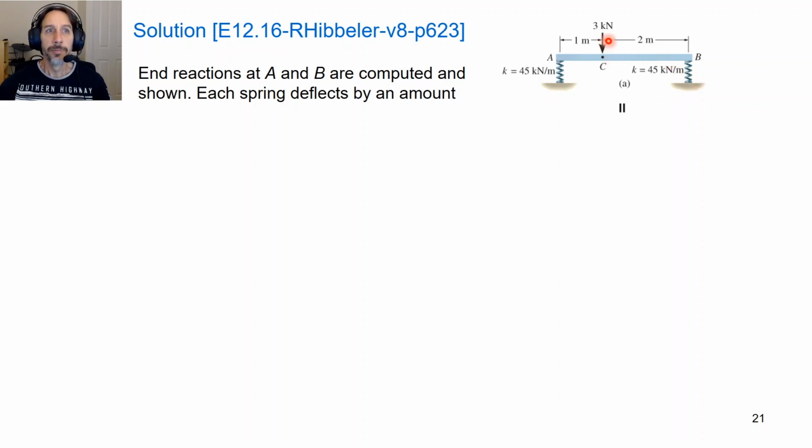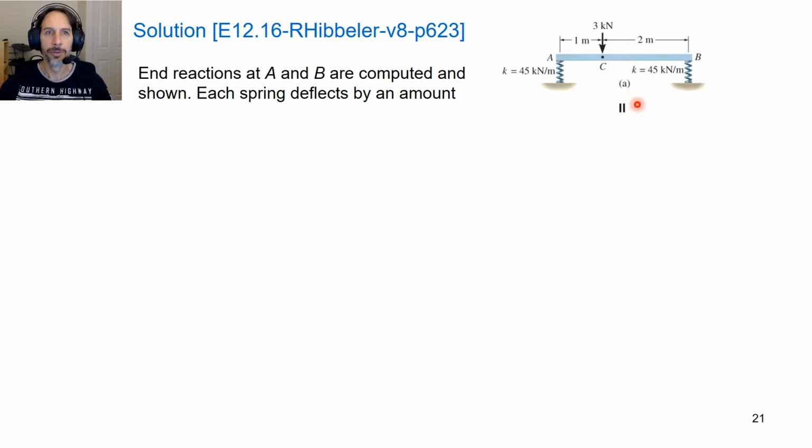So again, it's not superposition of loads this time, but a superposition of deflections. Okay. So we're going to have deflection of the two springs. So this beam will move as a rigid body, and then you'll also have the deflection of the beam itself. Okay, so you need to add all of those deflections together to get the total deflection.